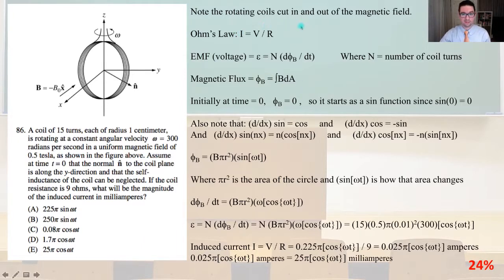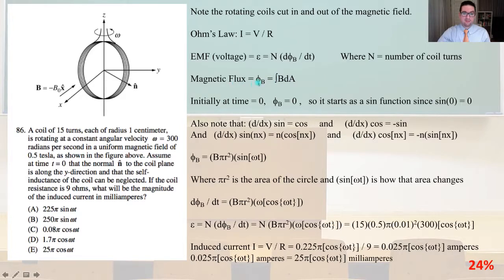Note the rotating coils cut in and out of the magnetic field. So we have Ohm's law, I equals V over R, and our EMF, which is voltage, E, equals N times d phi of B divided by dt, where N equals the number of coil turns.